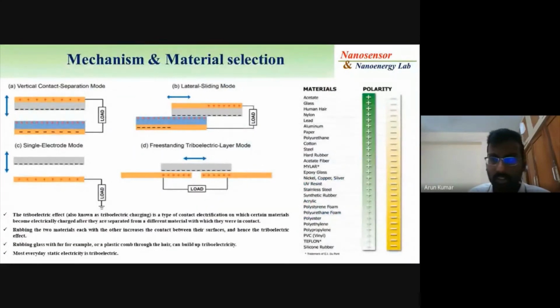The triboelectric nanogenerator works in four different modes: contact and separation, sliding, freestanding, and single electrode. Depending on the materials we select, one with high positive surface charge and the other with high negative surface charge, the combination of these two materials helps you convert more energy.